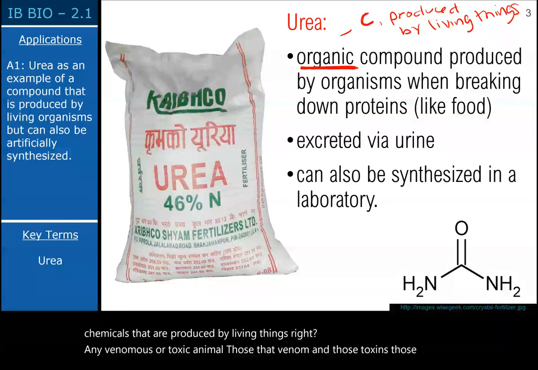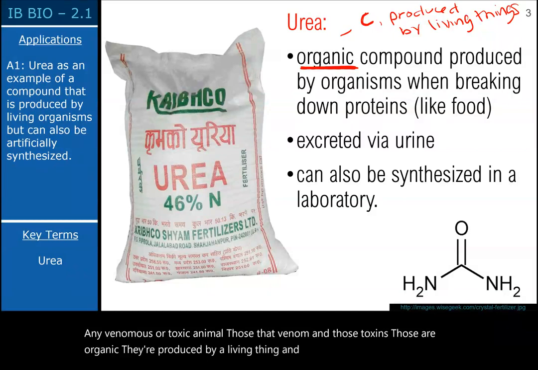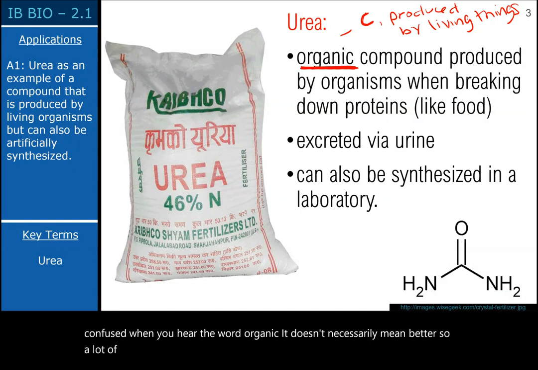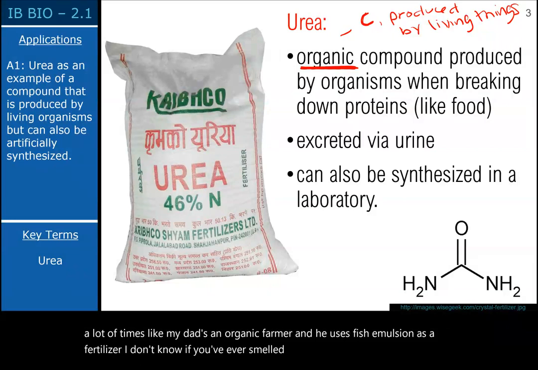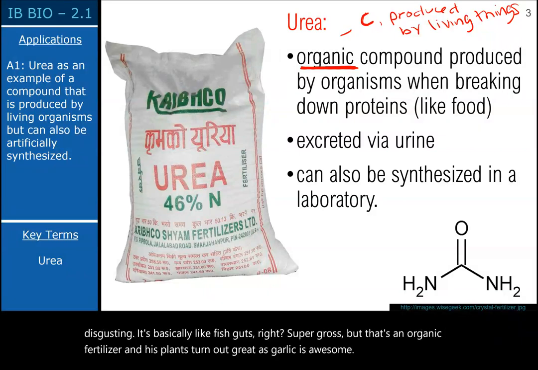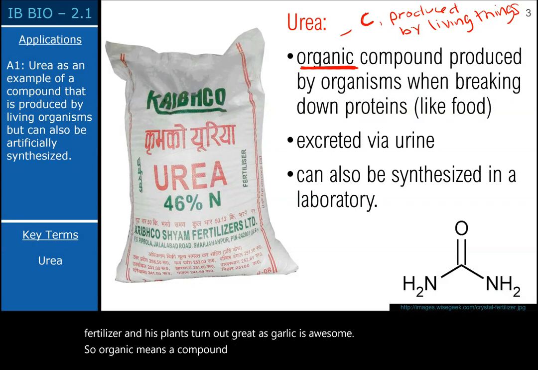They're produced by a living thing and they contain carbon. So don't be confused when you hear the word organic. It doesn't necessarily mean better. A lot of times, my dad's an organic farmer and he uses fish emulsion as a fertilizer. I don't know if you've ever smelled fish emulsion. It's disgusting. It's basically fish guts, right? Super gross. But that's an organic fertilizer, and his plants turn out great. His garlic is awesome. So organic means a compound that contains carbon that's produced by living things.